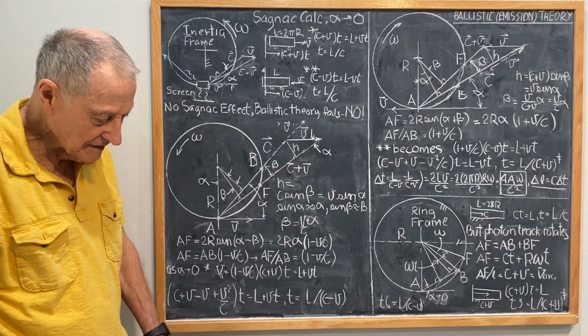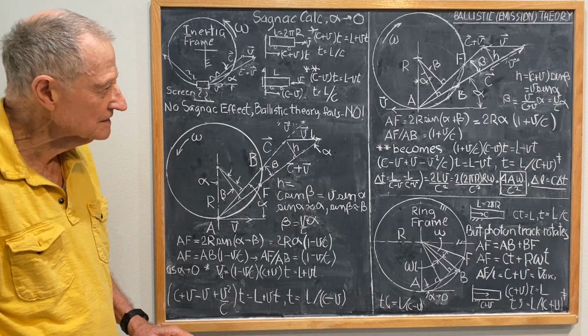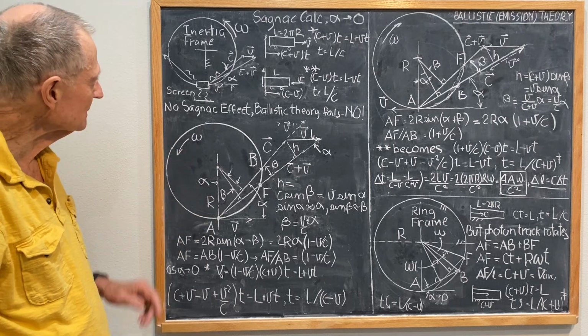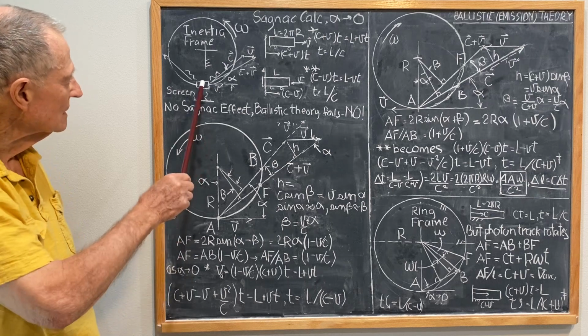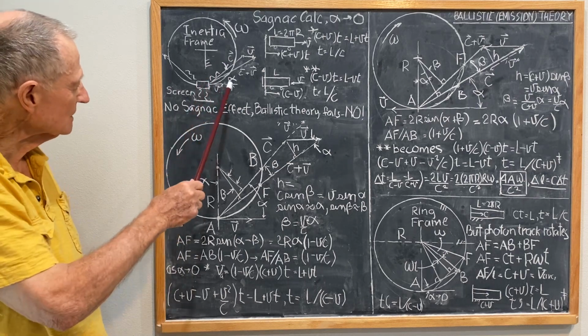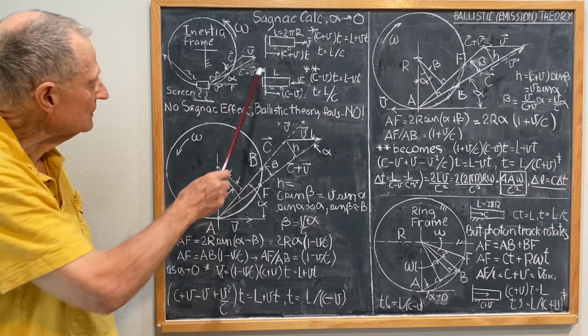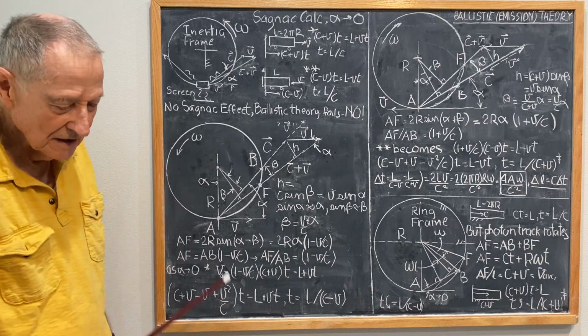Now, the naive analysis that's been done all these years for the ballistic theory is to say that as alpha approaches zero, the absolute velocity of the photons is c plus v in this direction and c minus v in that direction.